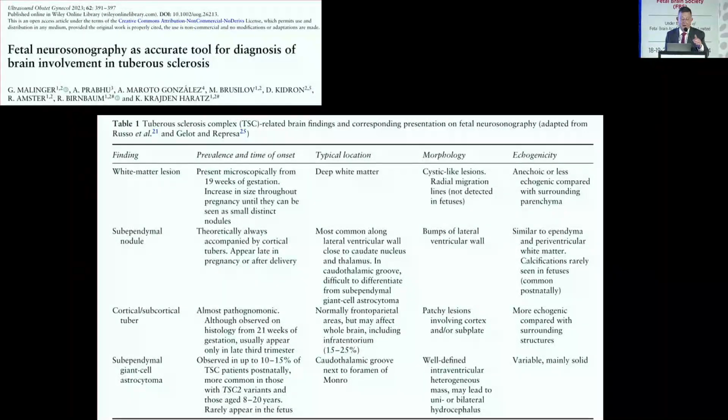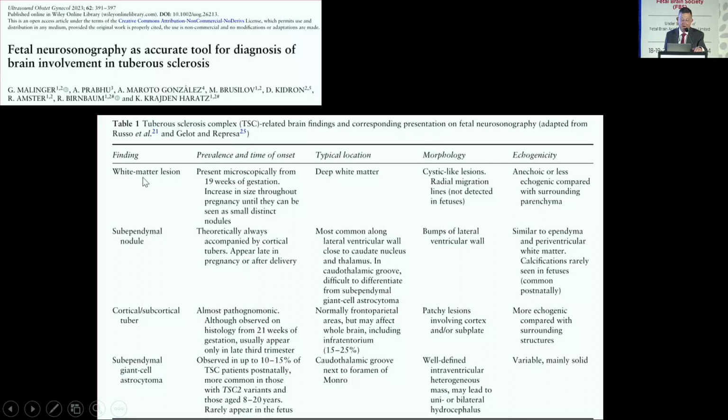So, with the collaboration of one of the participants here, Dr. Prabhu, we put together a good number of cases, and we were able to see what the pathological findings are and how they can be seen in ultrasound.